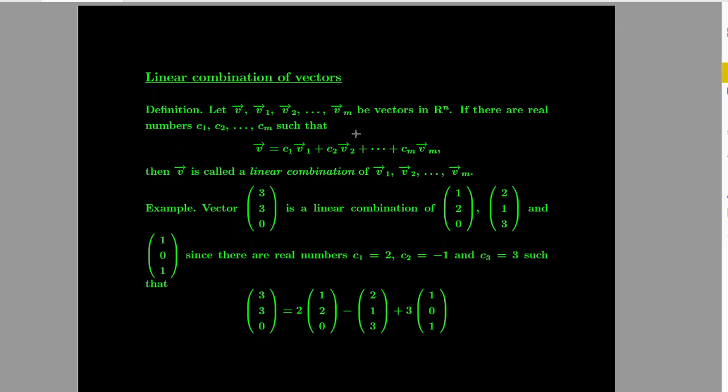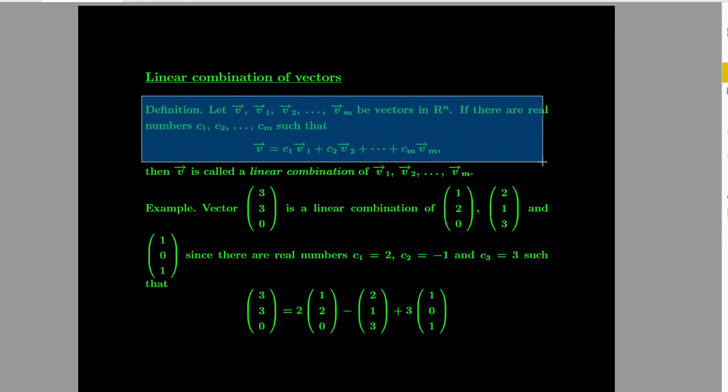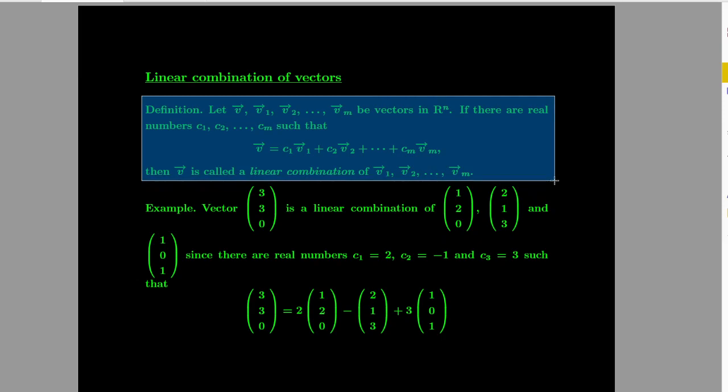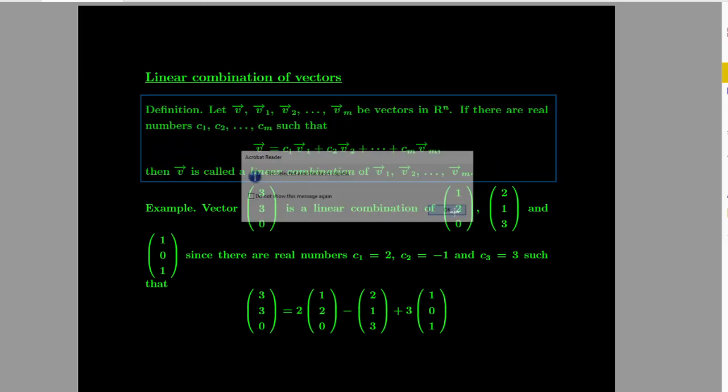Now look at the definition on the screen. Actually, the first question I want to go over is not that. Okay. I will copy the definition to the PowerPoint, and then I will ask you some questions, and then we try to answer some questions. Okay.